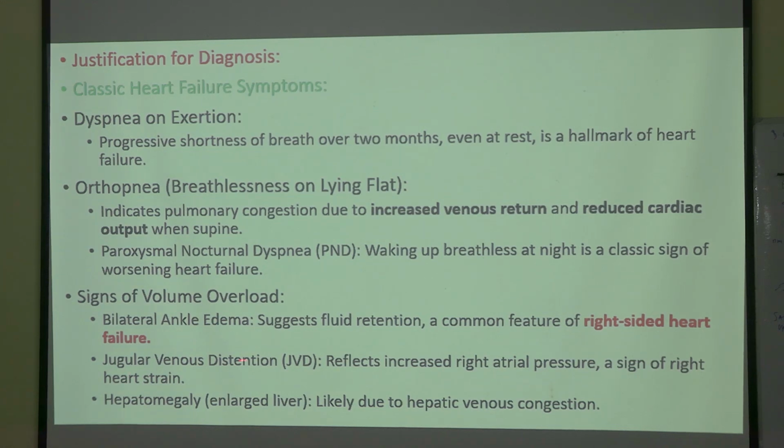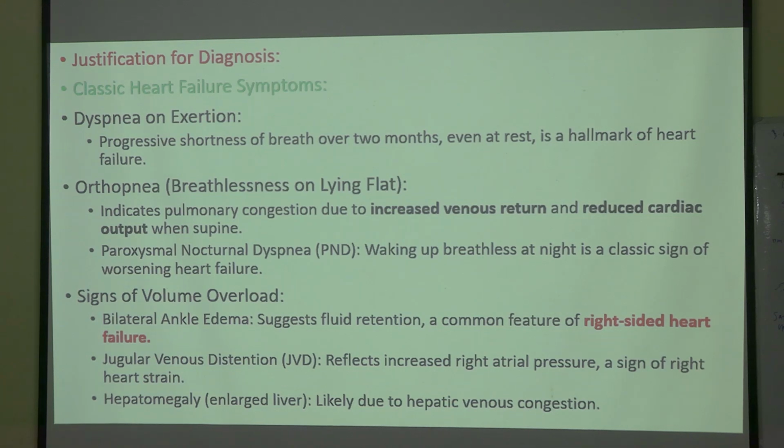Now then, jugular venous distension. How is it involved with the volume overload, or with the diagnosis? This jugular venous distension is easily identifiable, right? This vein is present in the neck region.